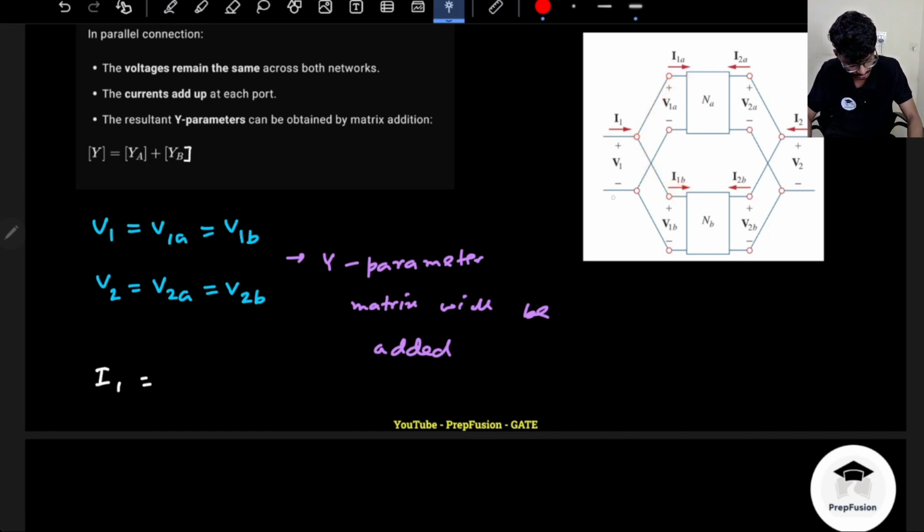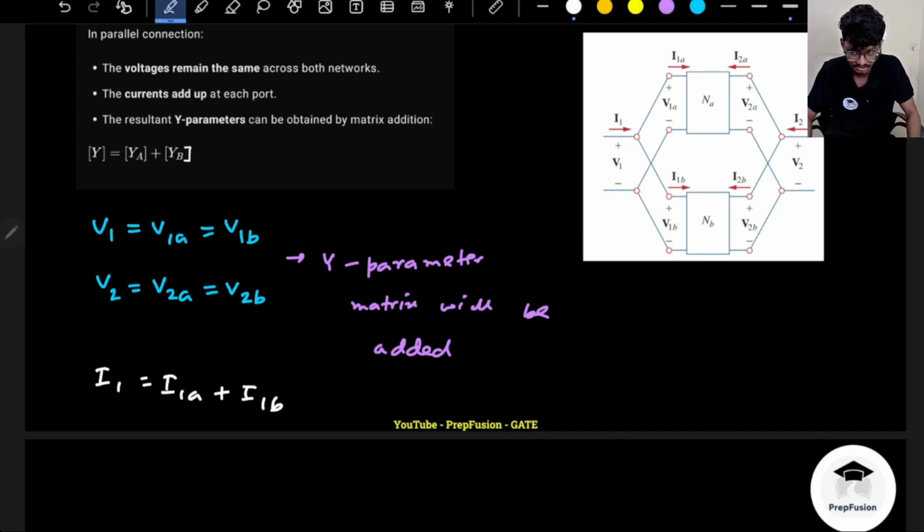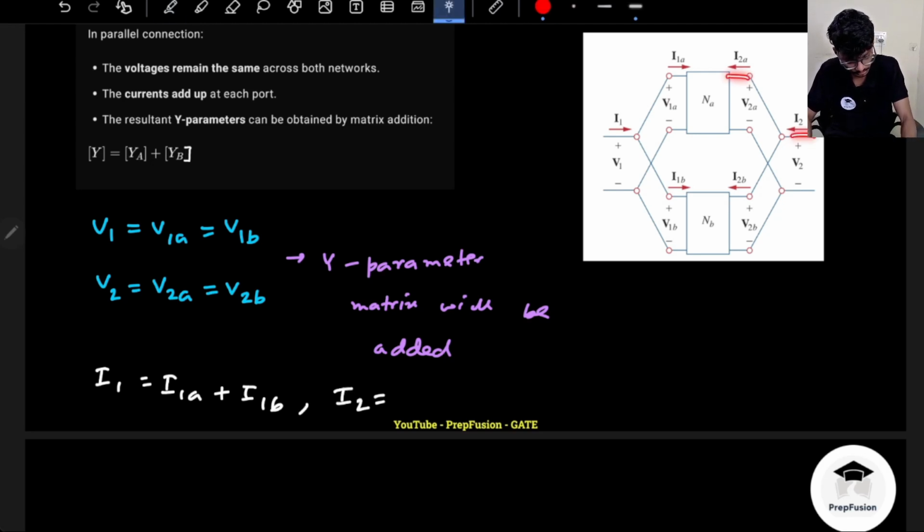So ultimately my I1 is the addition of I1A plus I1B. It is just the opposite of the previous case: it was voltage in the previous case, now it is current. And my I2 is the sum of I2A and I2B.